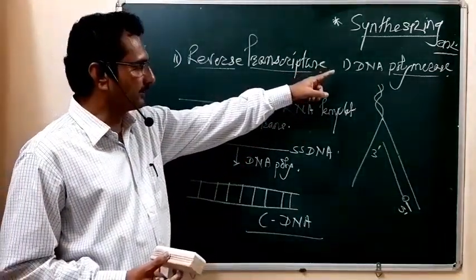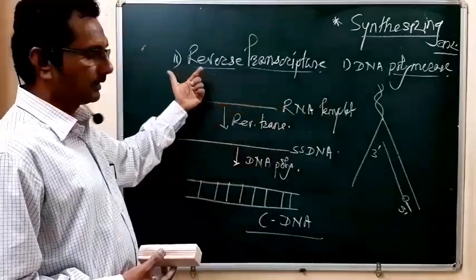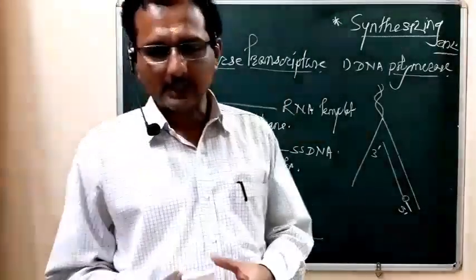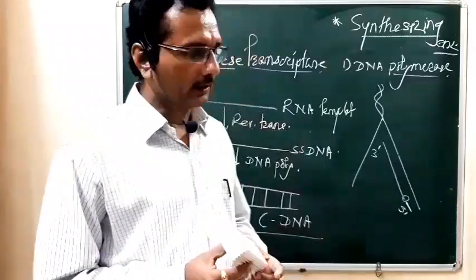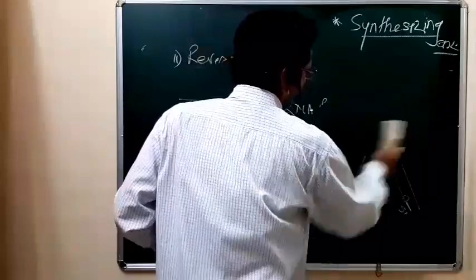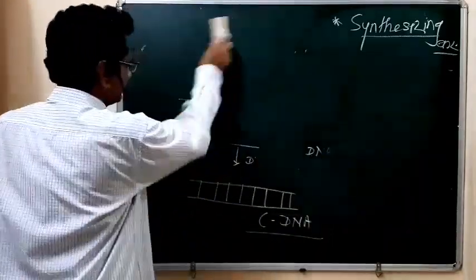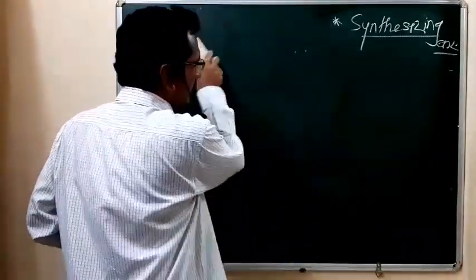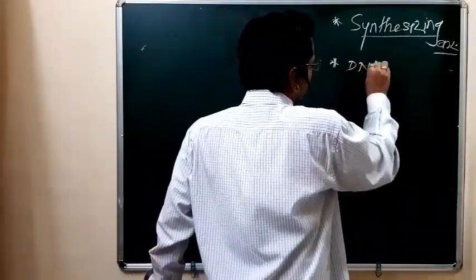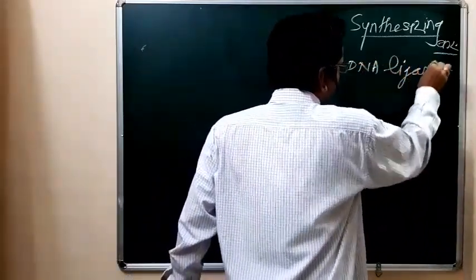There are two types of enzyme, DNA polymerase and reverse transcriptase enzyme. Then the next enzyme, the fourth category of enzyme, is the DNA ligase enzyme.